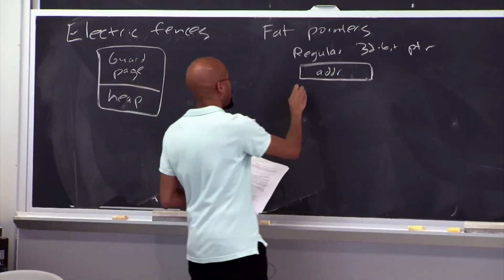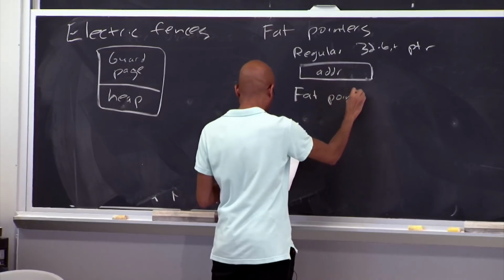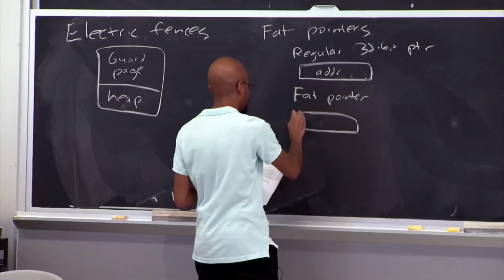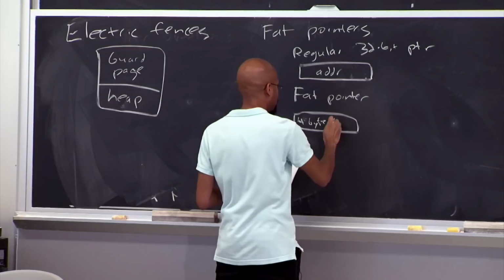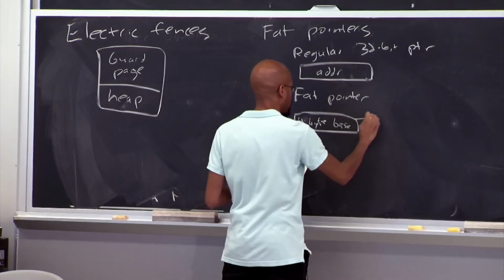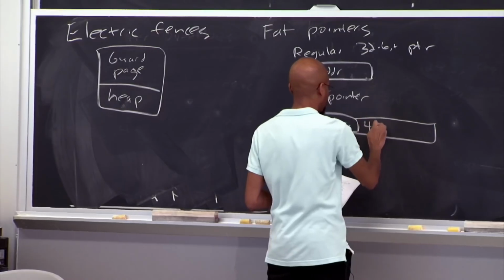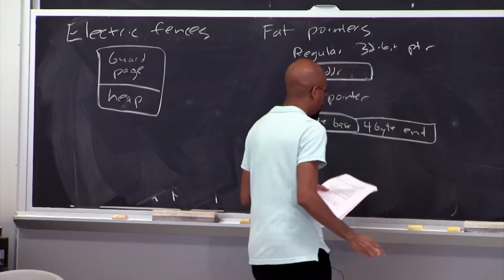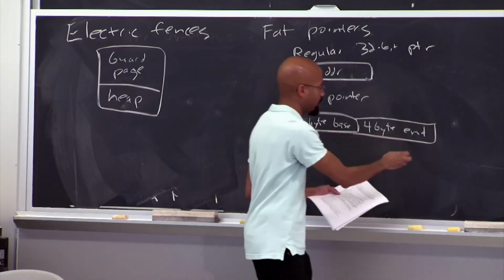If you look at a fat pointer, one way you could think about it is you've got a 4-byte base, and then you have a 4-byte end. In other words, this is where the allocated object starts, and that's where it ends.